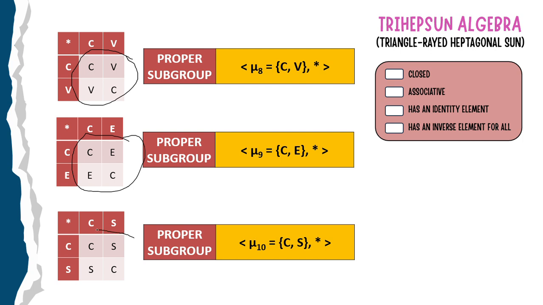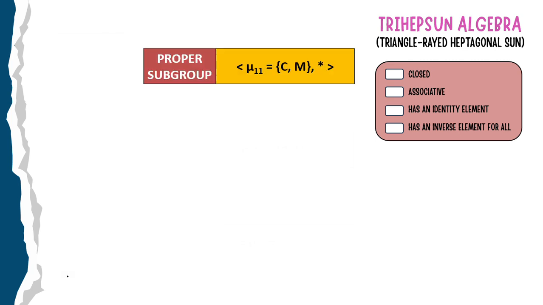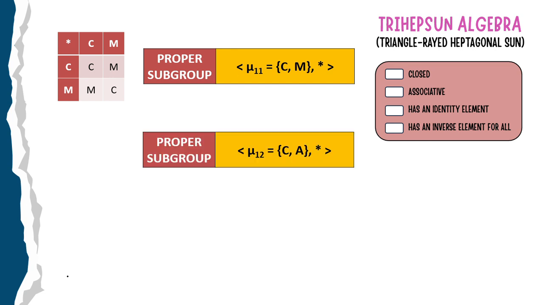So as we can see, the resulting elements of the table are close to the elements being operated. This one, we have CV, CE, and CS. Therefore, we can say that this is closed. For proper subgroup, again, we have here the table.